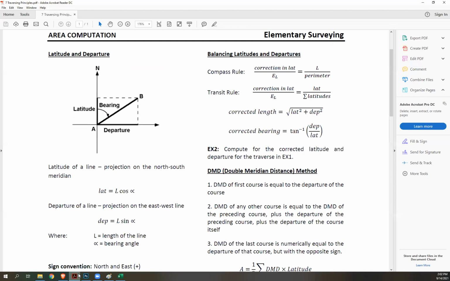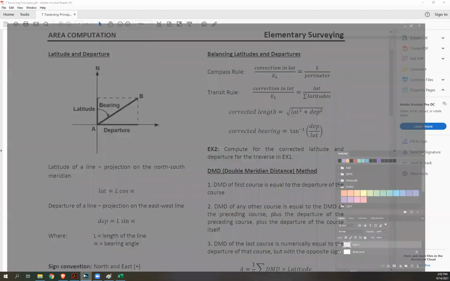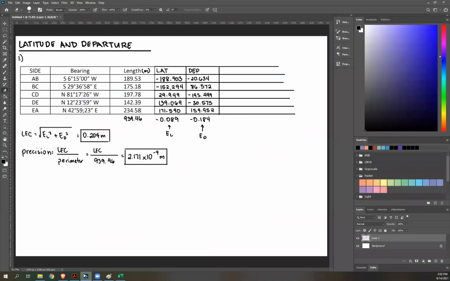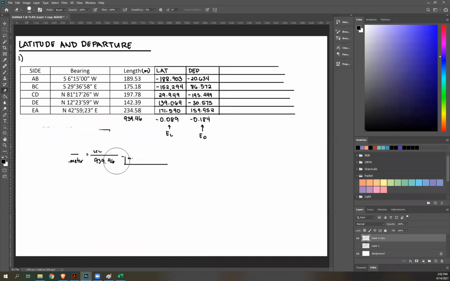Next. So for us to better understand, let's have example number 2, which is compute for the corrected latitude and departure for the traverse in example 1. So now we're going to correct this. Okay, so let's do that. Let me remove this. Okay, so I'll call the correction for latitude LC.